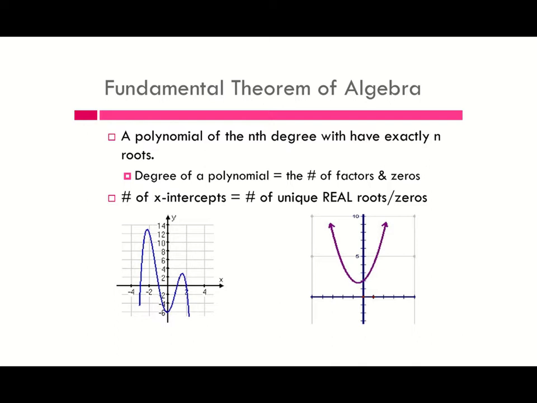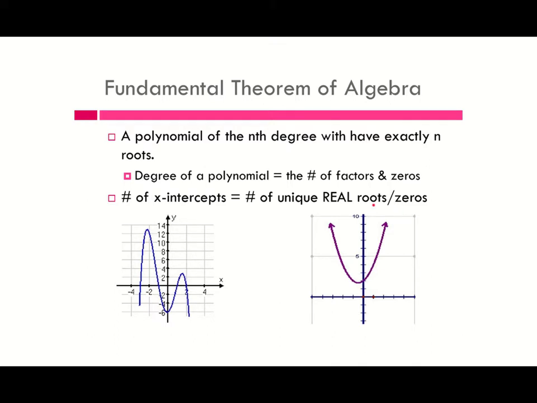If we have a quartic like we do over here, this one has 4 zeros because it is of degree 4, and they're all x-intercepts. They're all real solutions. So this graph here has 4 real zeros.